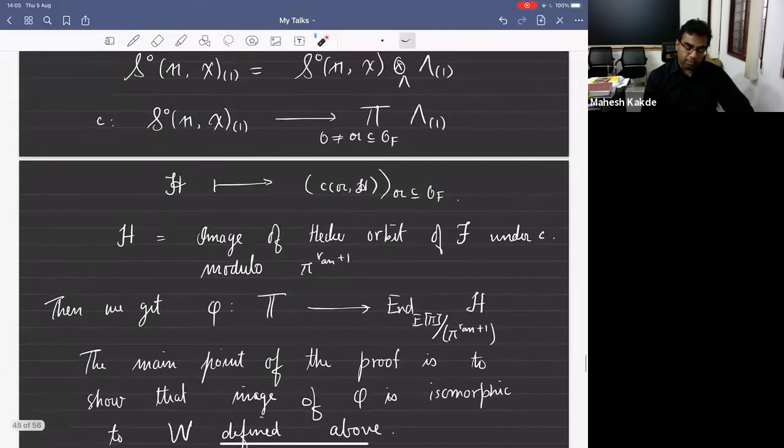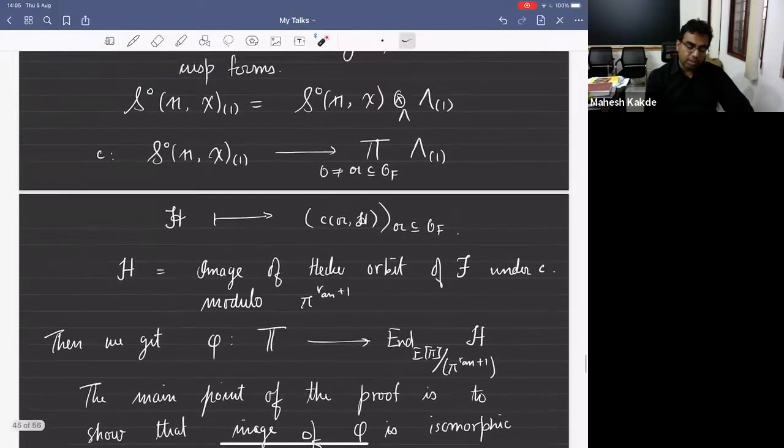Okay, and so now this space is all cusp forms. I don't want to concentrate on all cusp forms. I only want to concentrate on cusp forms which lie in the Hecke orbit of my F. Remember, last time I said F will almost surely not be an eigenform. In general, most of the time it will not be an eigenform.